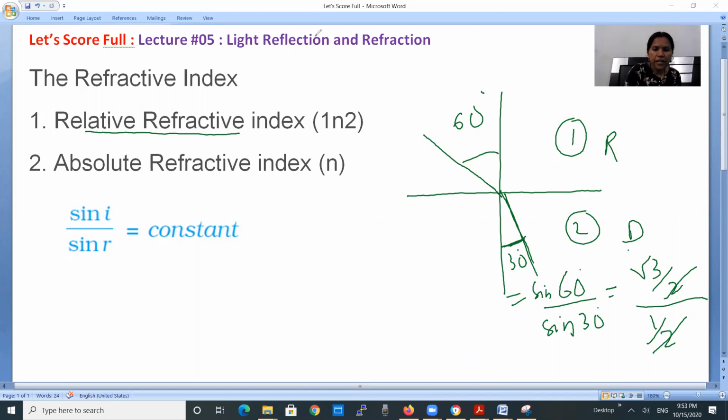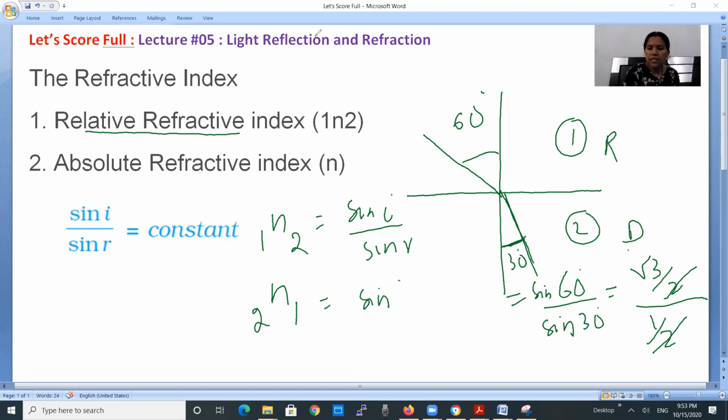If we are trying to find out refractive index of medium 2 with respect to 1, which is nothing but sine I upon sine R. And in case I want to find out refractive index of 1 with respect to 2, this is nothing but sine R upon sine I. जहां से लाइट आती है उसको हम पहले लेते हैं. So when we are talking about first medium with respect to second, then this is first medium. यहाँ पे एंगल पहले लेंगे न्यूमरेटर में, पहले in the sense we have to take in numerator.